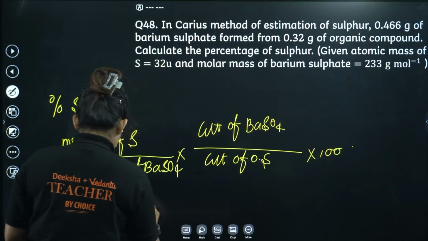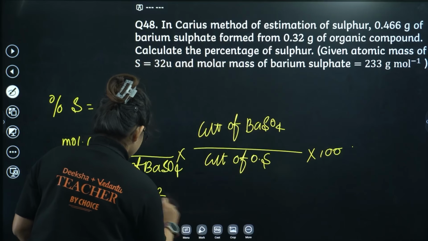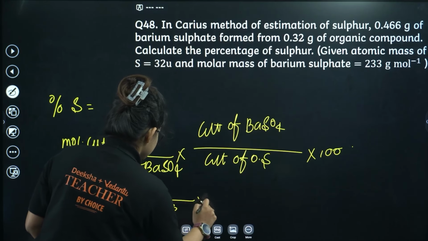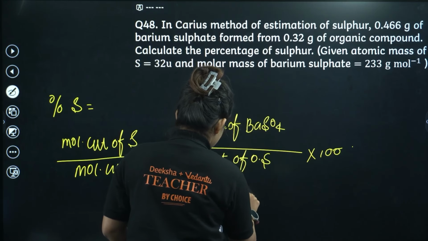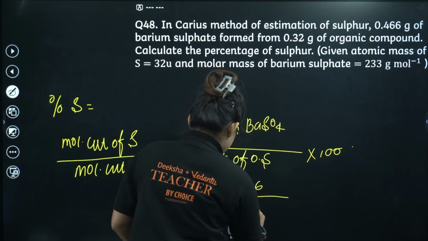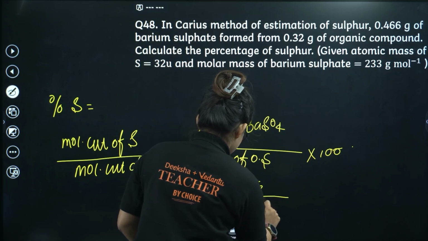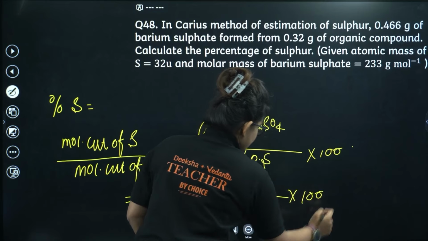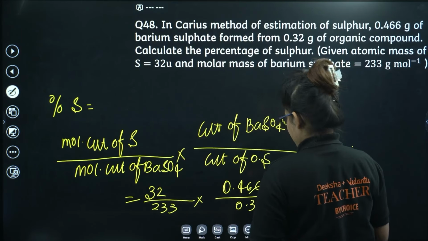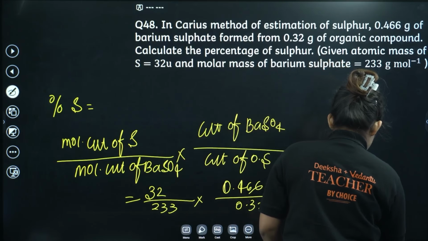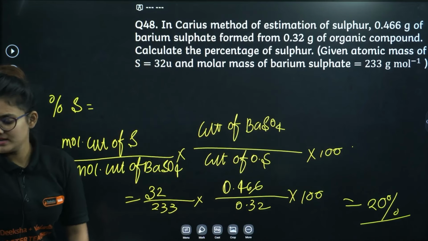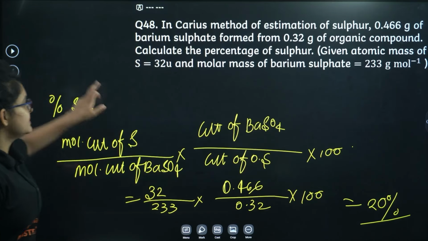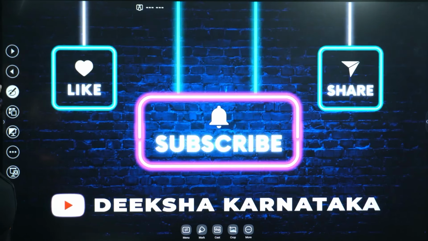Let's put the value: 32 divided by 233, it's already given, into weight of BaSO4, given as 0.466, divided by 0.32, into 100. If you calculate this, it will come up to be something like 20%. So that's your answer. I guess you understood this. Let's proceed.